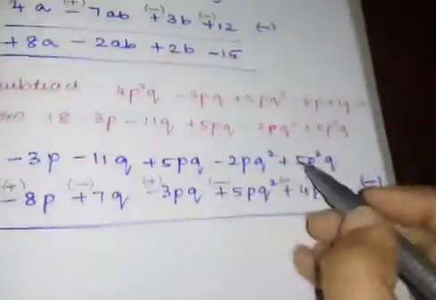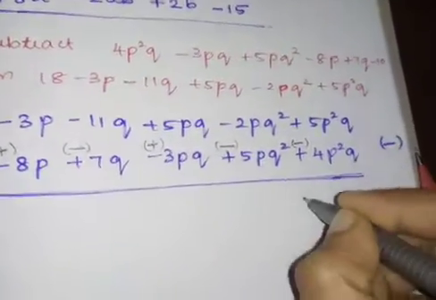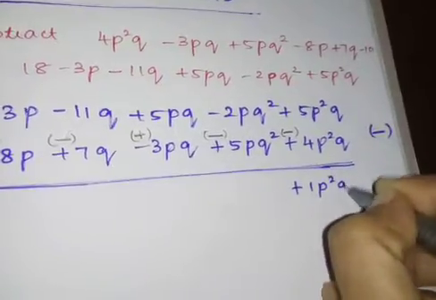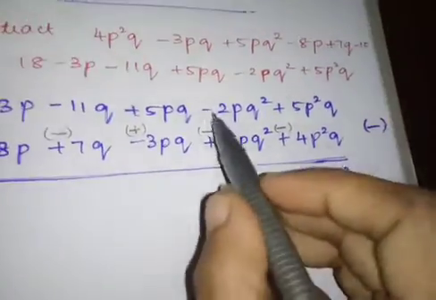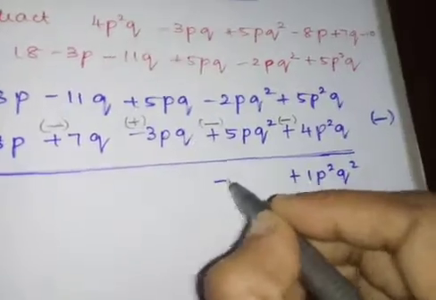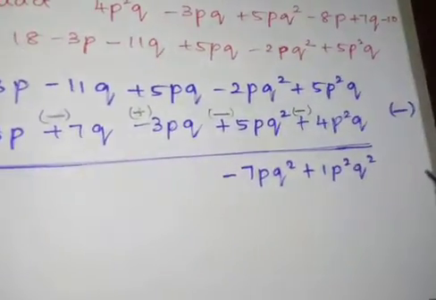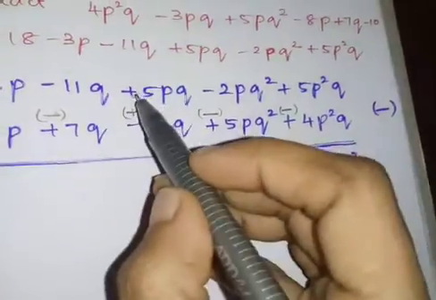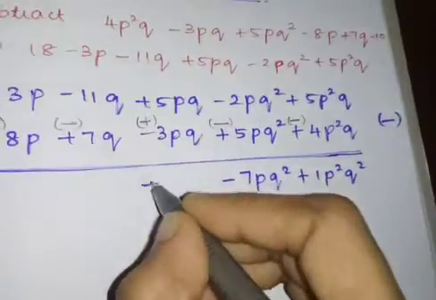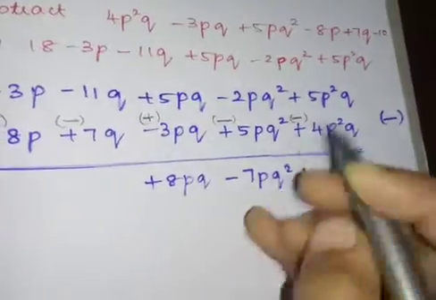Okay, now plus 5 minus 4 is plus 1p square q. Next, minus 2 minus 5 is minus 7pq square. Plus 5 plus 3 is plus 8pq.